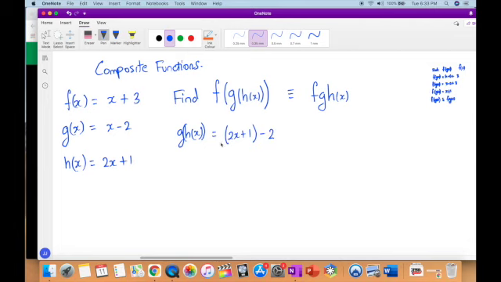And of course, I'm putting the h of x in there. So now I'll end up with 2x plus 1 minus 2, and 1 minus 2 is minus 1. 2x minus 1.